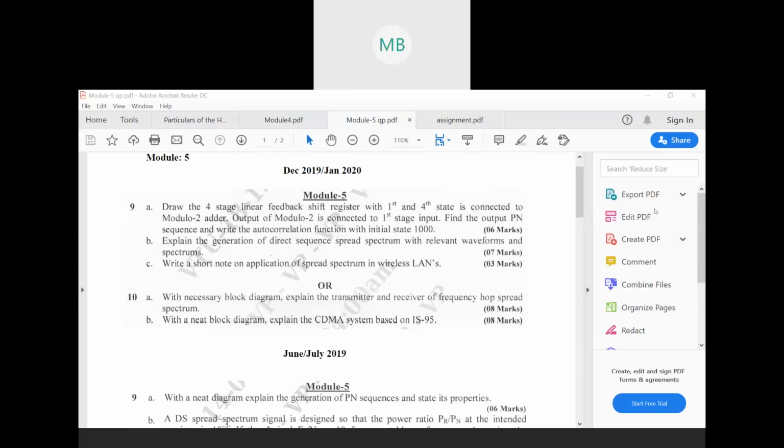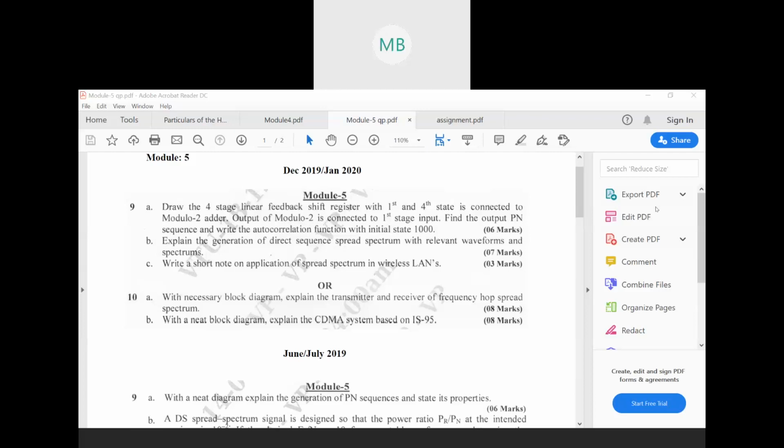Yes, yes. Then in direct sequence spread spectrum, timing requirement is very important. Whereas in frequency hop spread spectrum, it is not so important. And what about bandwidth? Direct sequence spread spectrum requires smaller bandwidth compared to frequency hop spread spectrum, right? Then very important difference is with respect to order of modulation. In direct sequence spread spectrum, first we are spreading the data sequence, right?